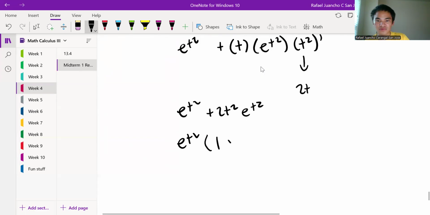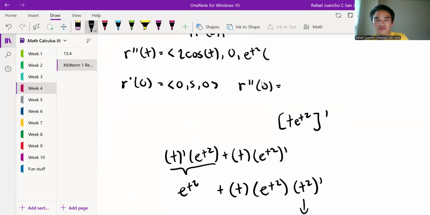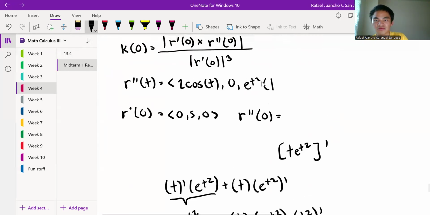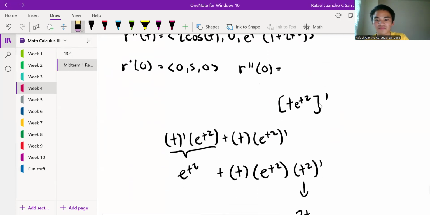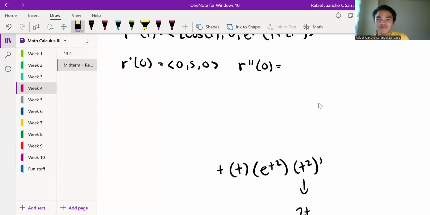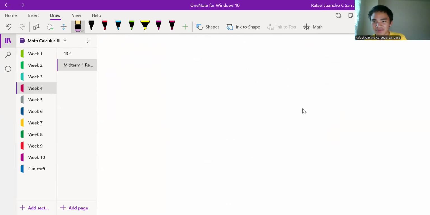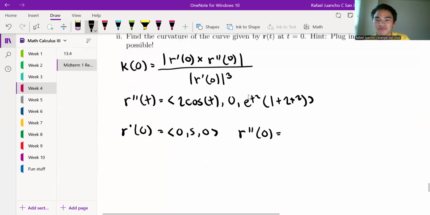So it's e^(t squared) times 1 plus 2t squared. Done. That's the derivative. How do I know if it's right? Integrate. I'm kidding. I don't want to do that. I could for fun, but I don't want to.